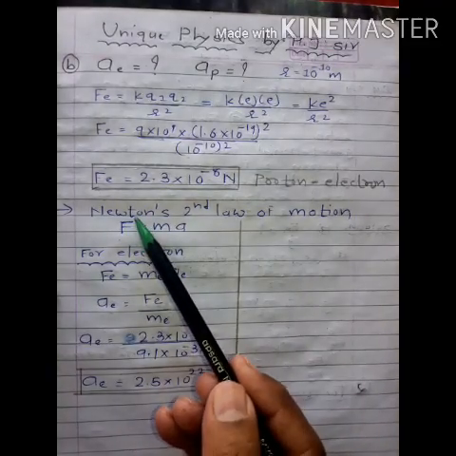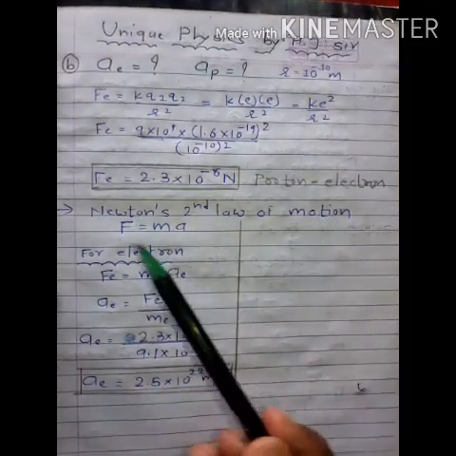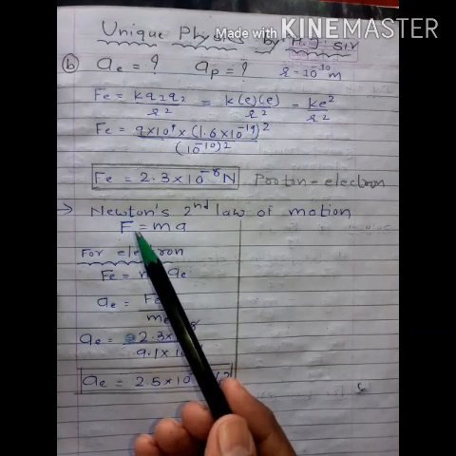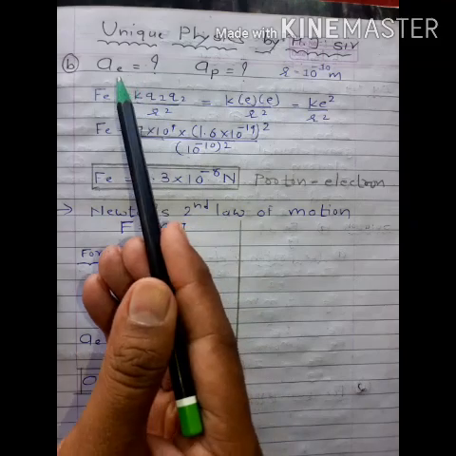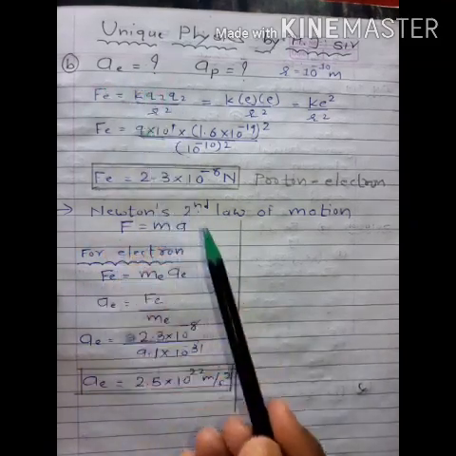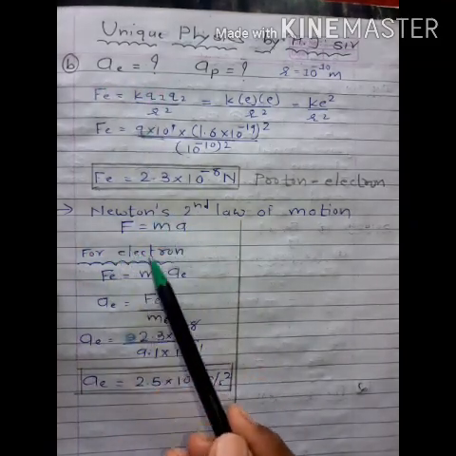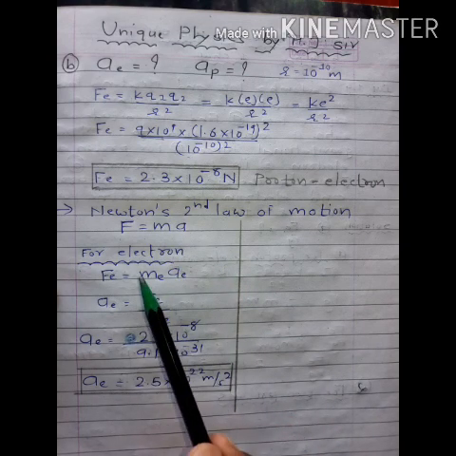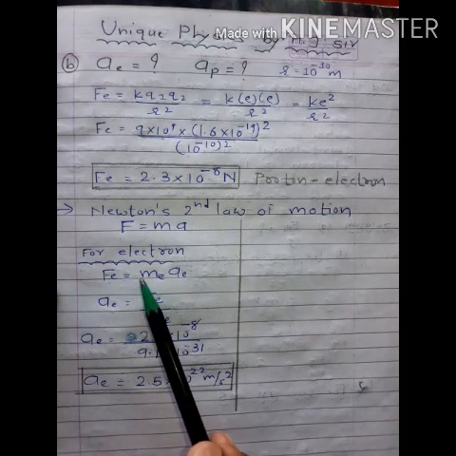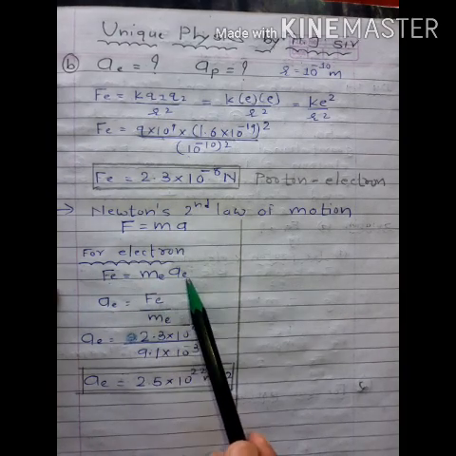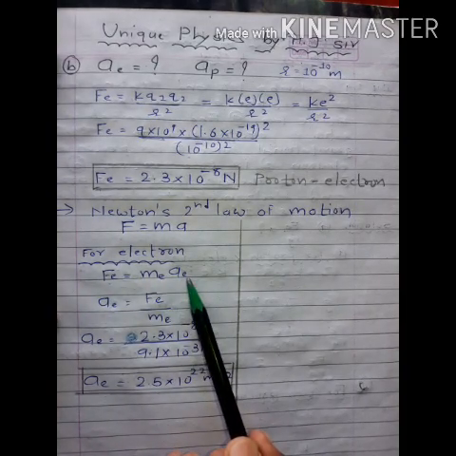Now according to Newton's second law of motion, we have the equation of force, F is equal to ma. Now here we want the acceleration of the electron. So first of all we use this equation for the electron. For the electron, electric force Fe is equal to me, the mass of the electron, into the acceleration of the electron.